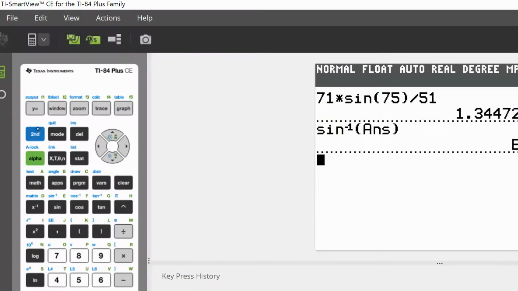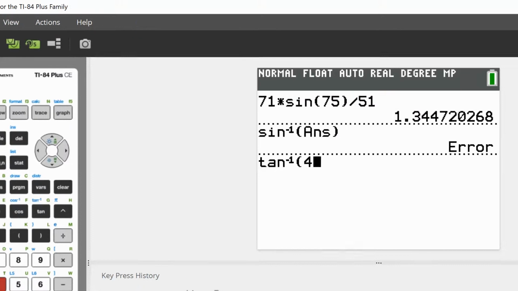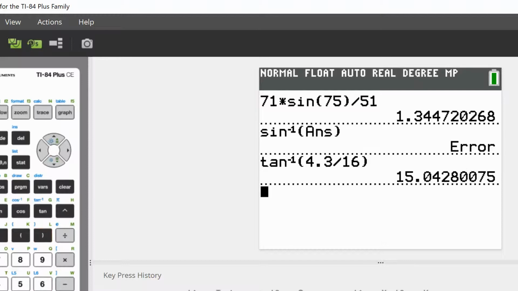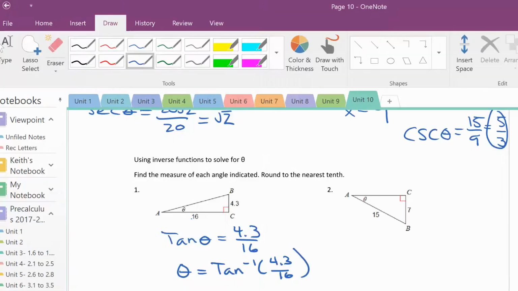So on our calculator, we go second tangent, and then we go 4.3 divided by 16. Then we hit enter, and you get 15.04. And it says to round to nearest tenth, so in essence, it's equal to 15.0 degrees, because you want to round to the tenths place.